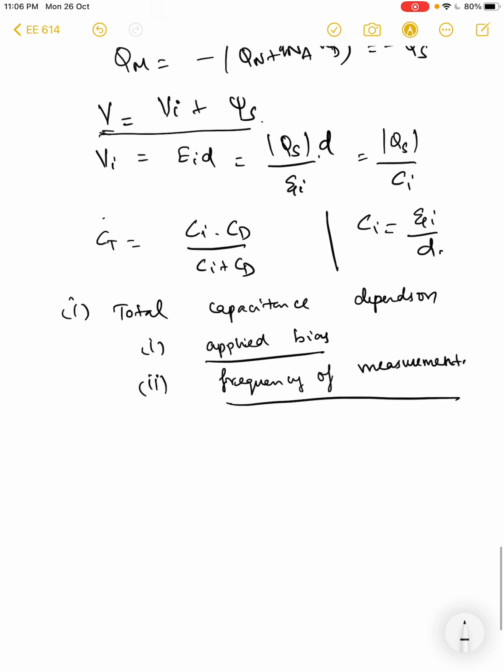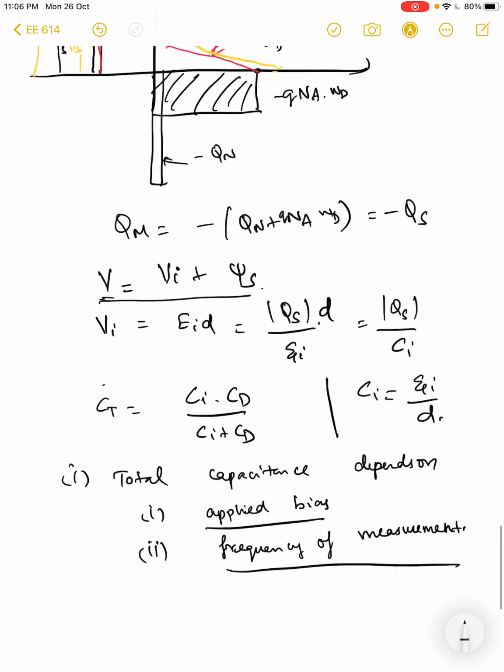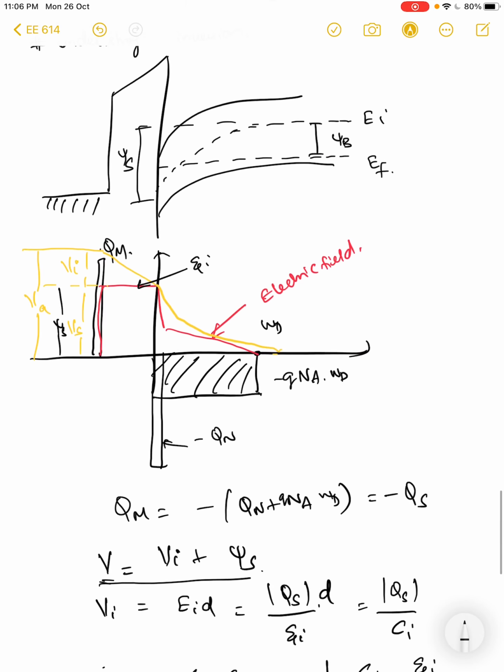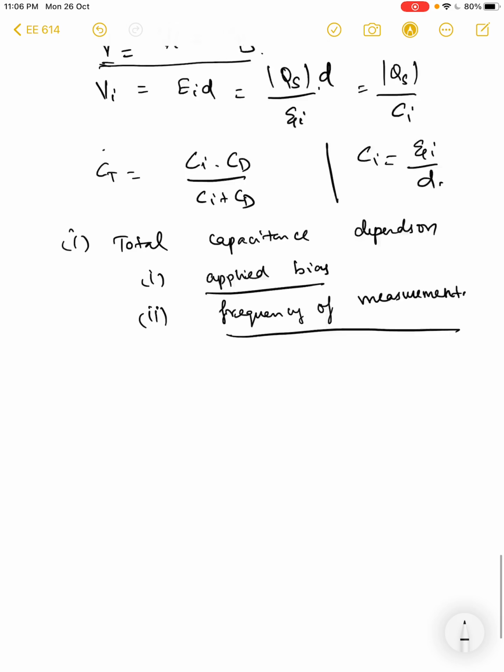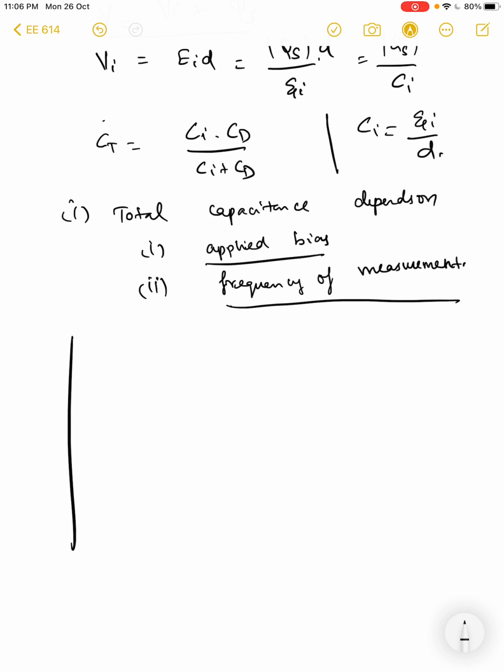So now let us go as we did before for the charges. Let's see what happens at various applied potentials. I'm going to plot C total by Ci, where Ci is the insulator capacitance, across various applied bias potentials.